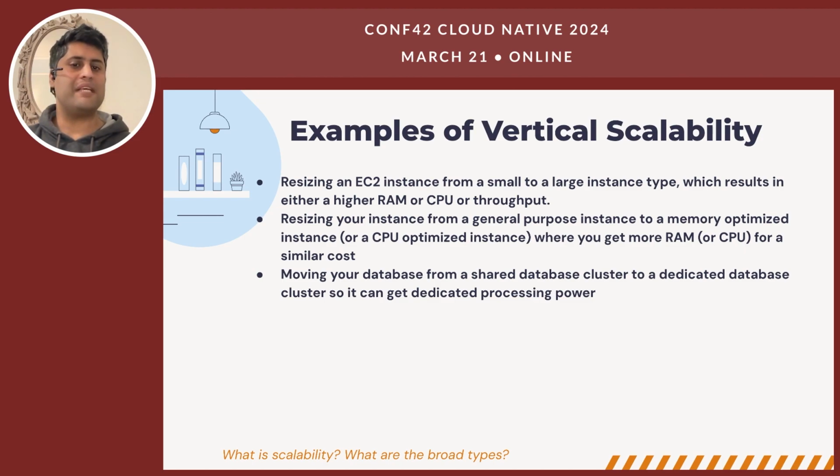Now, getting a little more into vertical scalability, as I mentioned, you can have an EC2 instance that is running, and if you want to scale vertically, all you can do is increase the RAM or the CPU or the throughput of that instance, and then suddenly you have a more scaled system.